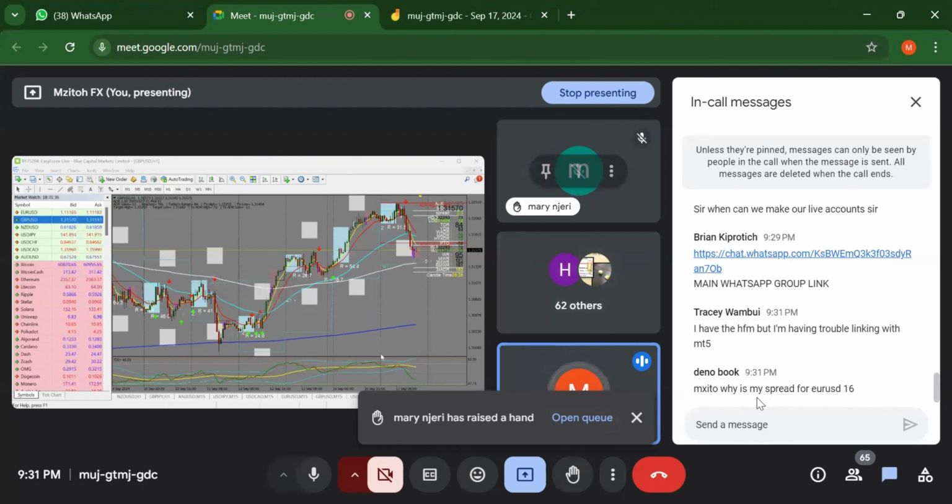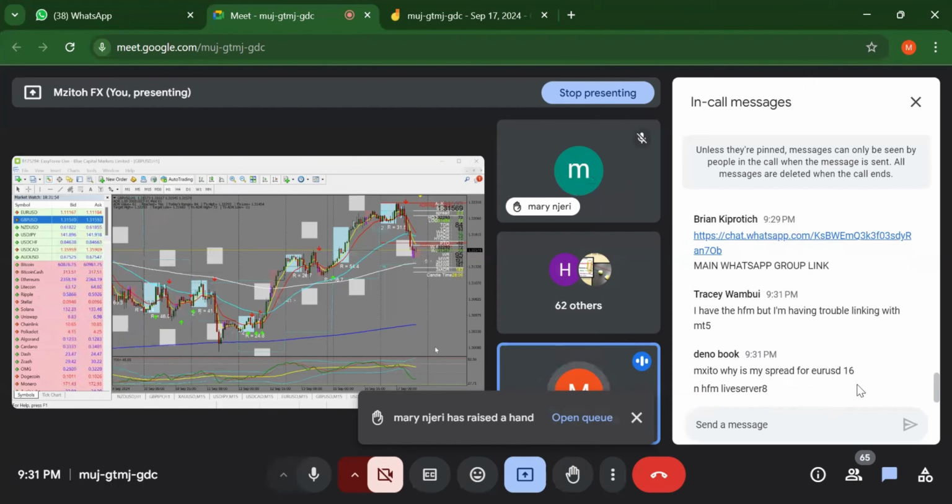Why is my spread for EUR/USD 16? It's not 16, that is 1.6. There's no broker who charges a spread of 16 on EUR/USD. So the spread is 1.6. Even me, I used to read spread like that. When you look there and see a spread of 40, it means it's 4, and that is on a minor currency.